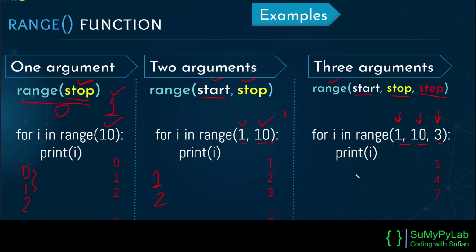That is, it will increase by 3 in each step. So it will generate 1, then the next number 1 plus 3 is 4, then 4 plus 3 is 7, then 7 plus 3 is 10. 10 is exclusive, so it will not be accepted here. So this range function will generate only 3 numbers: 1, 4 and 7.